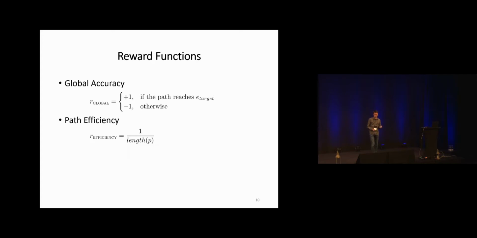So we define another efficiency reward, which is based on the length of the path, to encourage the agent to find shorter paths. And finally, there are many paths in the knowledge graph that have similar semantic meanings, which is redundant information. So we define a diversity reward according to the cosine similarity between paths, to encourage the agent to find paths with different semantic meanings.